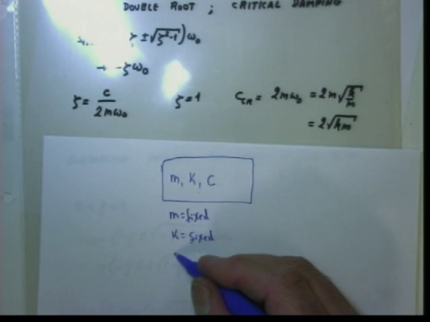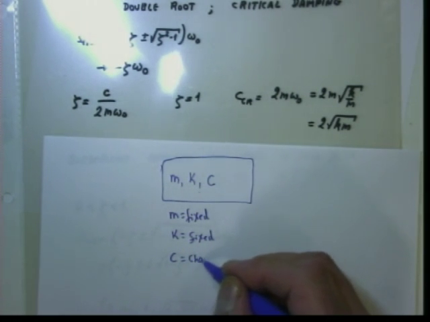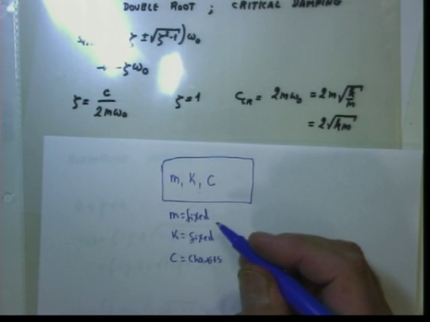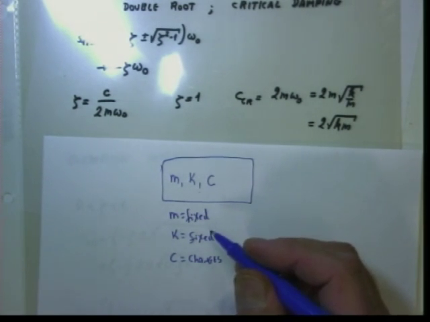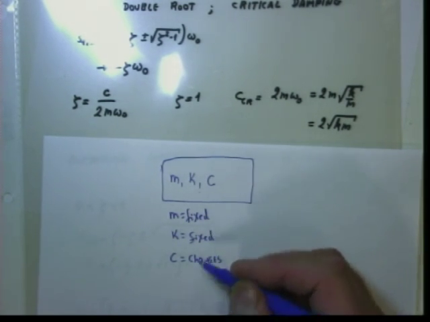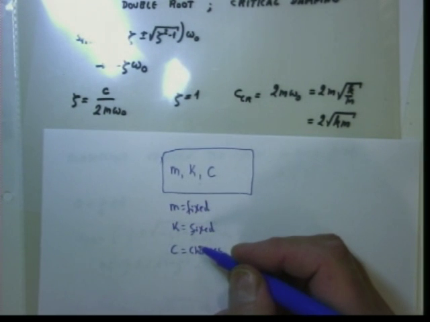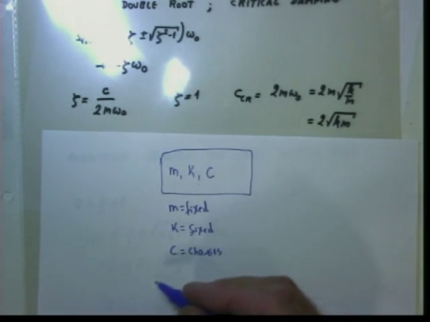And imagine that c changes. For example, we put this system into some liquid which has either big viscosity or small viscosity, various types of viscosities. Then we can have three possible cases.